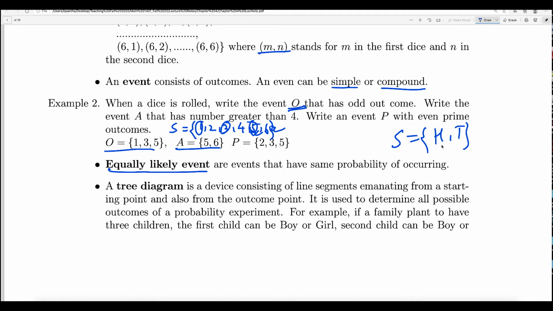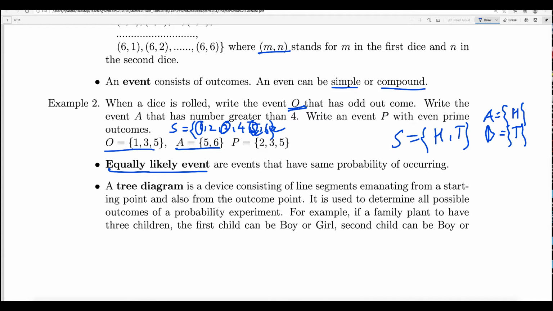So if you select an event A equals say H, and B equals say T, these two events are equally likely to happen. Similarly, if you roll a dice, all the single events are equally likely to happen. It can be 1 or 2 or 3, so they have an equal chance.